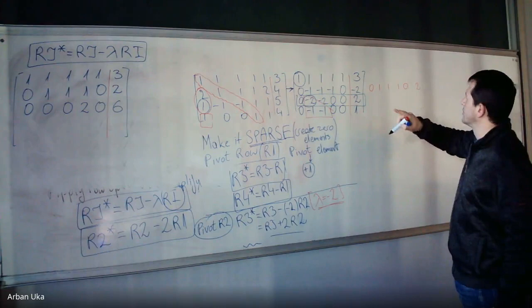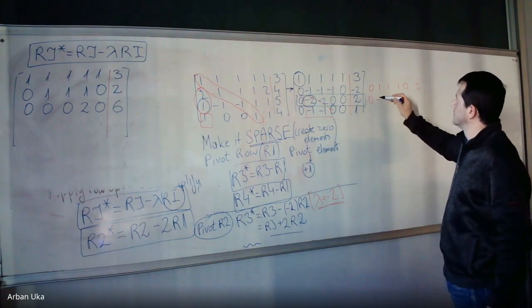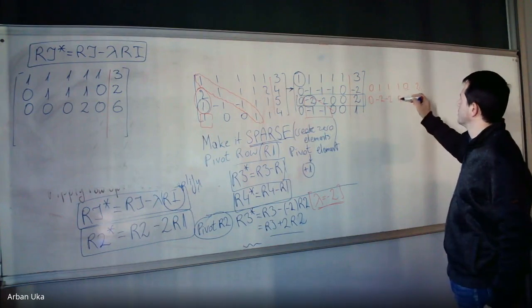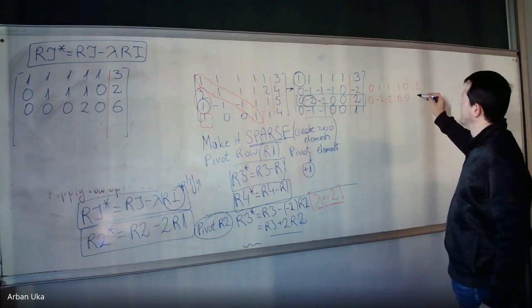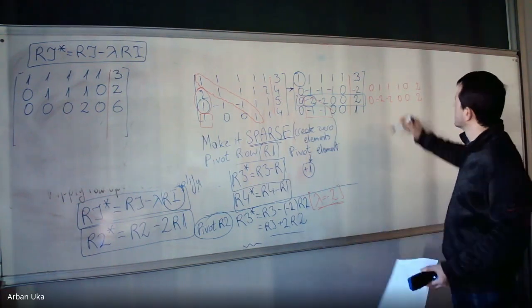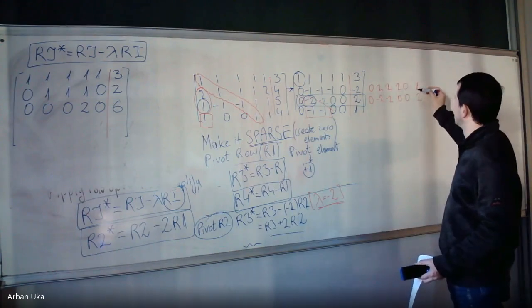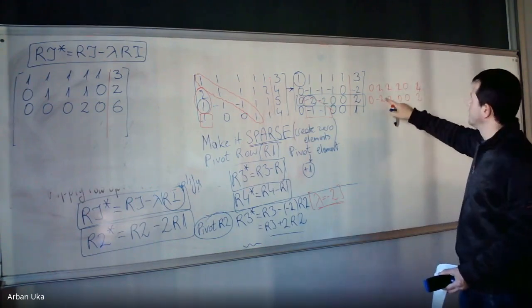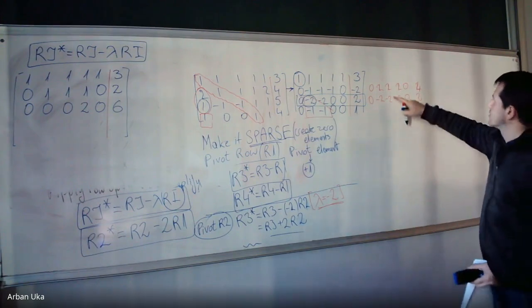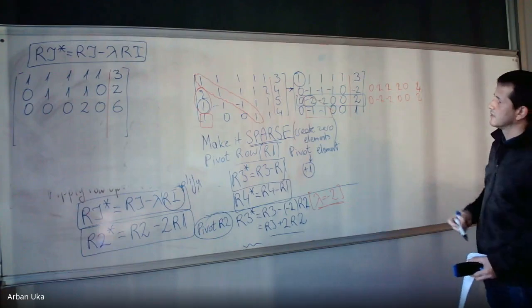Wait a second, yeah, we wrote it over there. And this one, this is 0, minus 2, 0, 0, 2. And then what we do is that, let's multiply this by 2, right? This is 2, 2, 2, 4. So if we add these, we should get the third row over there. So we get 0, 0, 2, that's correct, 0, 6. Okay, so we are good.